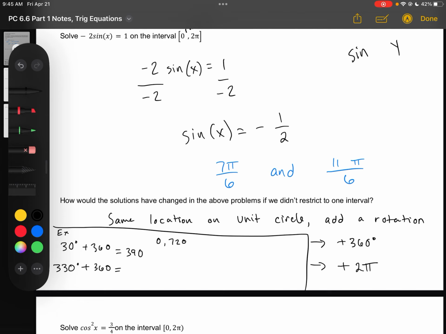We'd also get an answer of 690 for each of those. So our 4 answers for this interval would be 30, 330, 390, and 690 if we were to look at question number 1 from the perspective of 0 to 720 degrees as our interval. So that'll come up more on the next page. So with that, we can flip over to page number 2.